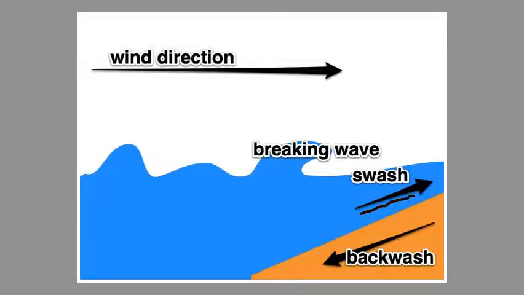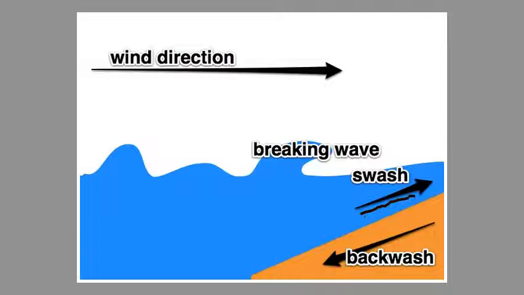Now, swash is the movement of water up onto the beach. If you take your imaginations to your last beach holiday, you will remember sometimes when swash gets particularly strong, it causes people to jump up and move back further up the beach because the water moving up the beach is in danger of wetting their towels.